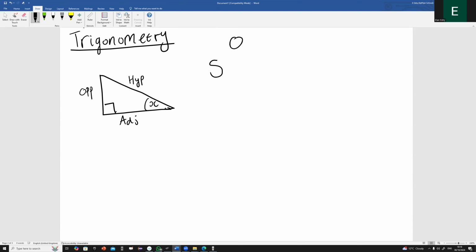So SOH like that in that sort of triangle. CAH, and TOA. So just if you can copy that down, I'll explain what it means in a sec.